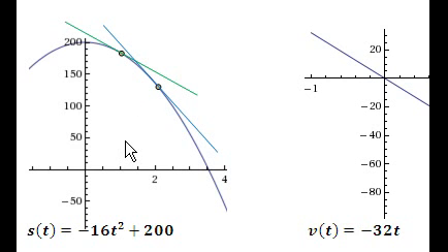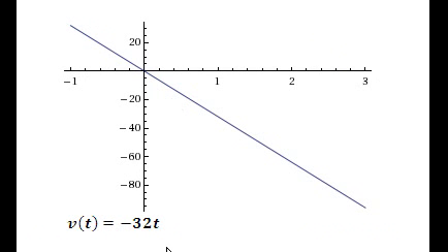Now what I'm going to do next is show you a chart, and we're going to look at the average velocities between 0 and 1, and then 1 and 2, and then 2 and 3, and so forth, and maybe see a pattern. But this graph over here is the graph of the velocity function.